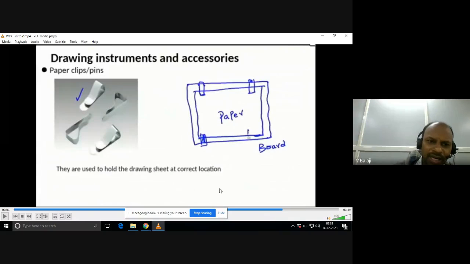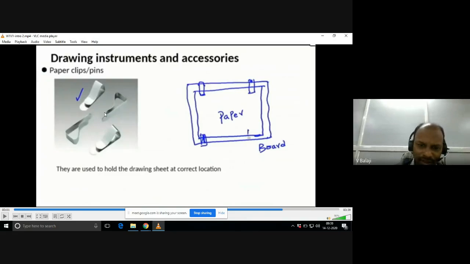Now coming to the drawing instruments and accessories. We know what the drawing board is, and we know the drawing sheet needs to be fixed on the drawing board with the help of paper clips or pins. Now, what is the material of this pin? Have you seen such pins in the market?